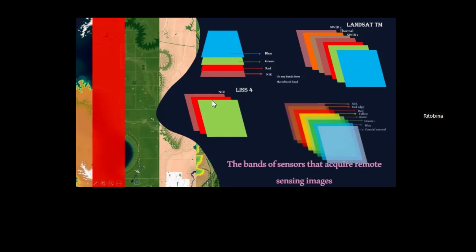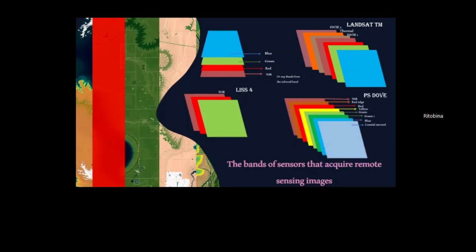Same here, as well as in PlanetScope, that is 3 meter resolution, it also has the same sequence. Coastal aerosol is a section of blue wavelength itself, which is much more specific. And you see green is divided into 2. It is because there is a difference or a change of wavelength, and both of them have different uses.